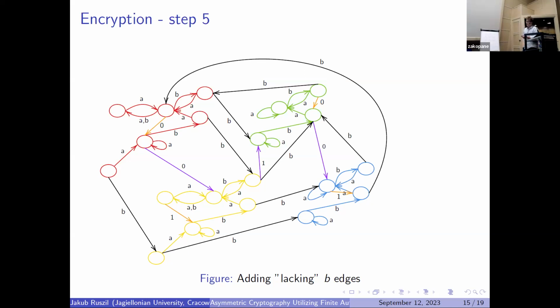So having some kind of partition of that construction into those automata, we can easily recollect which of those 0, 1 edges belong to the plain text and which of them aren't, and what's more, we can recollect the whole plain text from the partition, so we know which edge should be in which place. And actually, that is the whole decryption procedure.